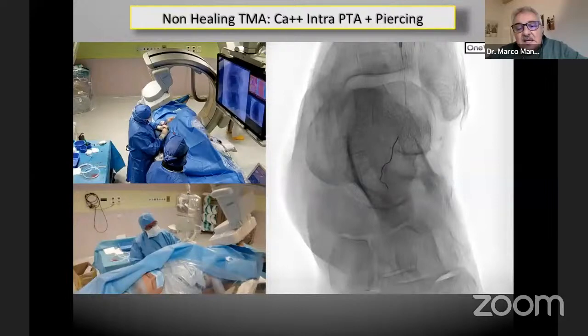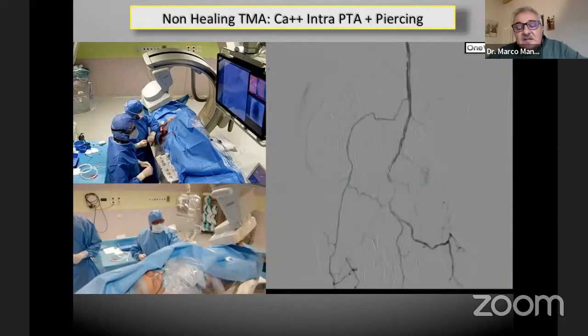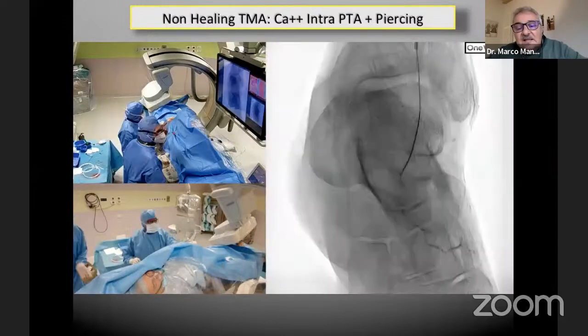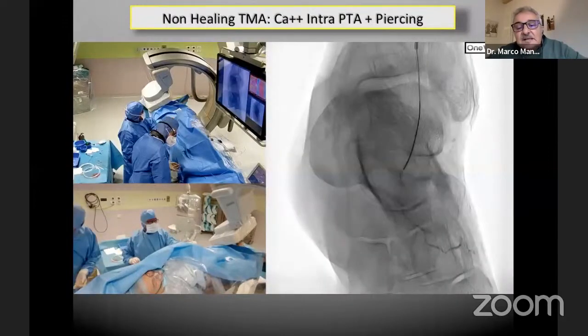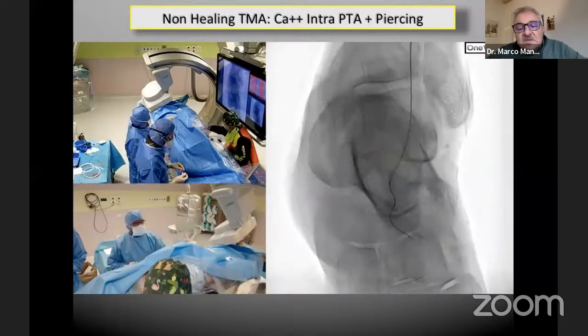Again, a wire capable of navigating this very bad and calcified vessel. And after the support with a microcatheter from Tokai, a Japanese microcatheter, you can see it was possible to cross this tight stenosis.